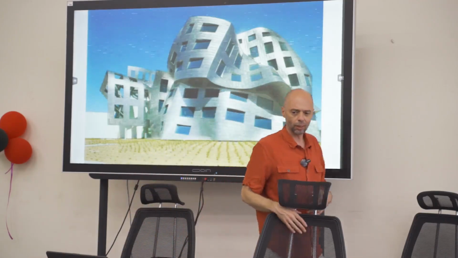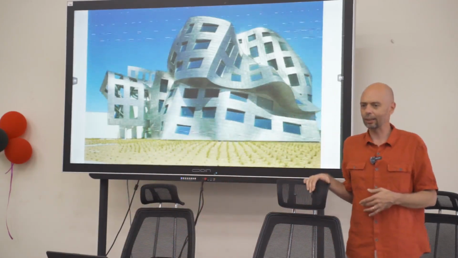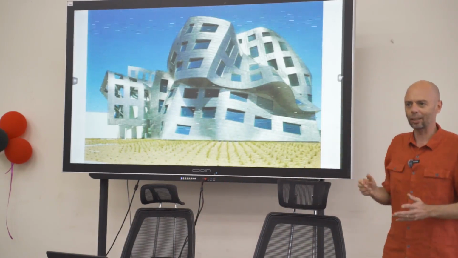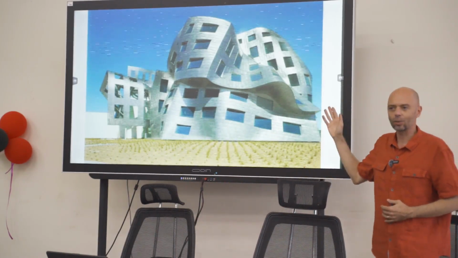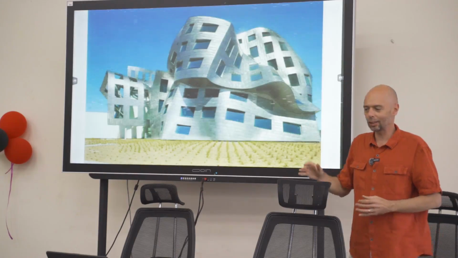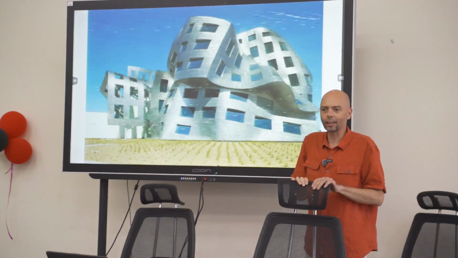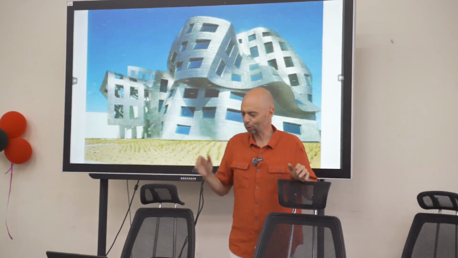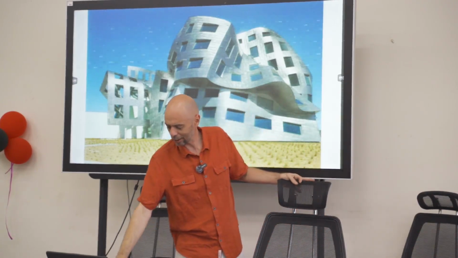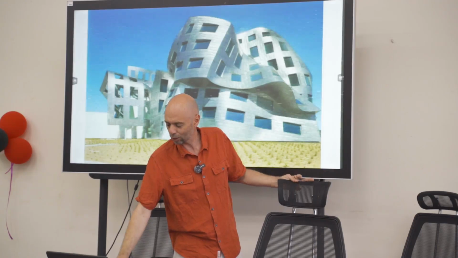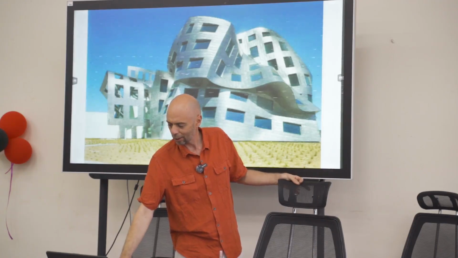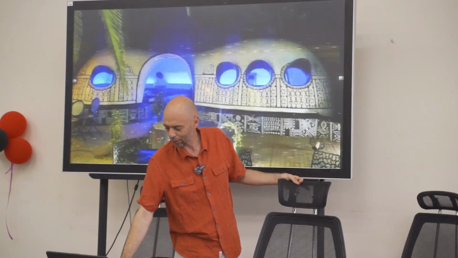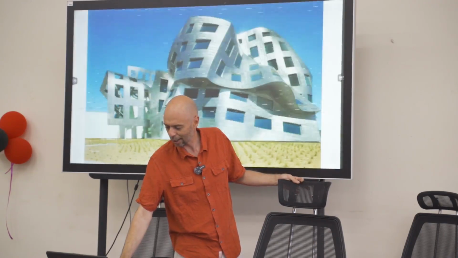Because if you simply say, I don't like straight lines, so I want to make something strange, this is not architecture. You can see it. This is just a drunk man drawing something, asking sorry to Frank Gehry, but this is the reality. There is no reason to have these lines, while in this architecture there is some reason to have these lines.